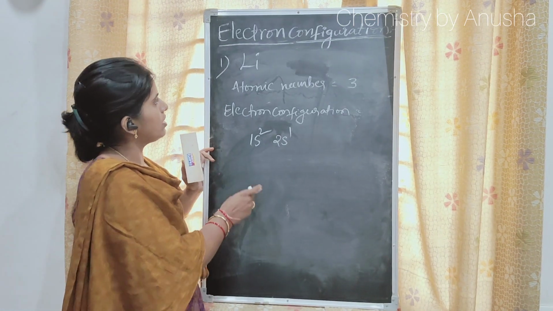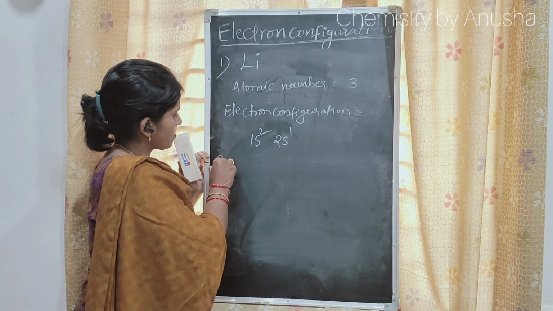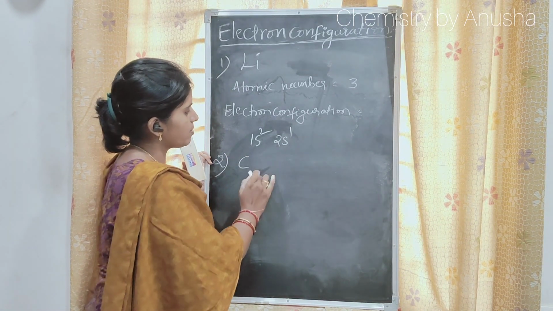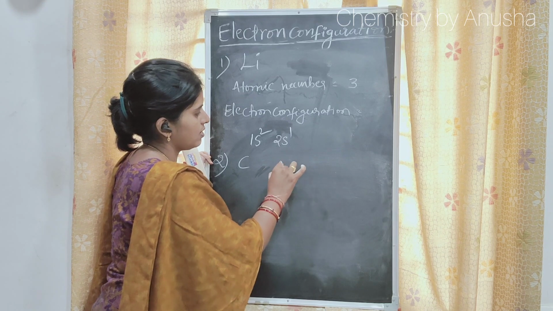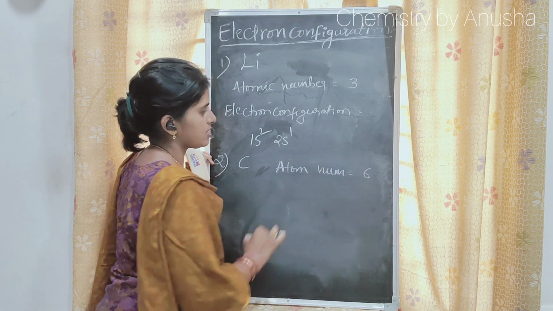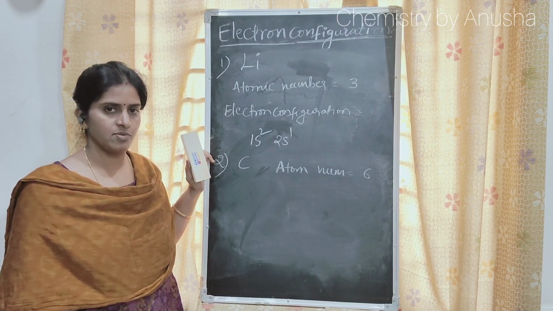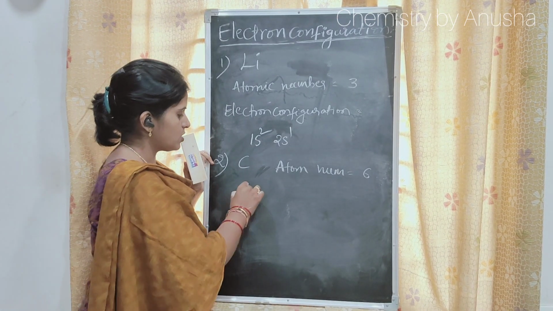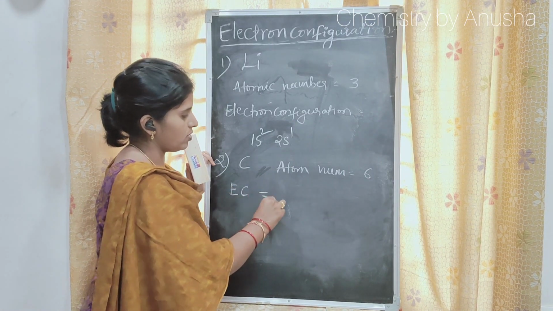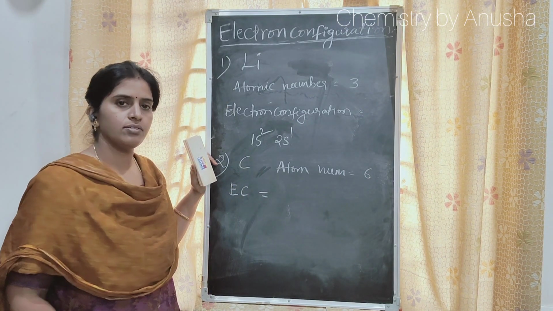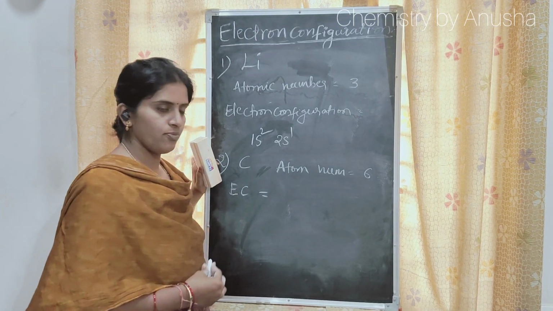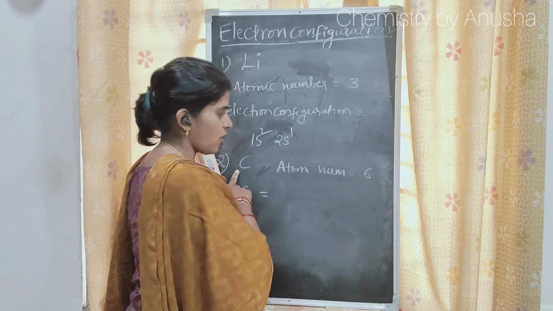For example, one more example, carbon, whose atomic number is 6. Carbon has atomic number 6. For the electron configuration, we again follow the Aufbau principle. The number of electrons present in carbon is 6.